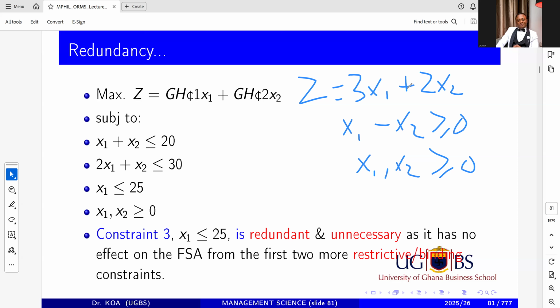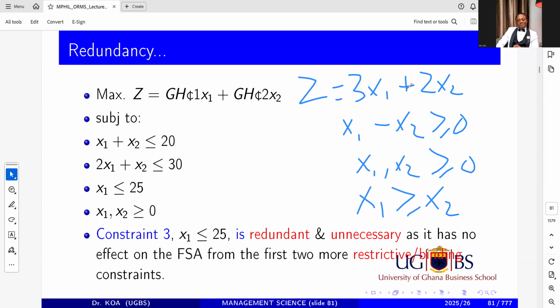So that constraint, x1 minus x2 greater than or equal to 0, when you move the x2 to the right-hand side, means that x1 is greater than or equal to x2. So that's what she was talking about. The non-negativity constraint is there, so the feasible region extends very, very infinitely in the positive direction.